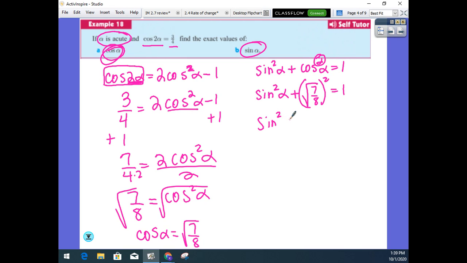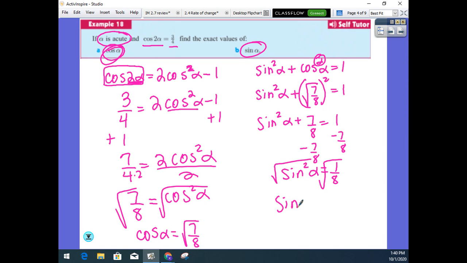This one's okay because when I square my square root, it's just 7/8. Then I'm going to subtract 7/8 from both sides and get 1/8. Square root both sides.